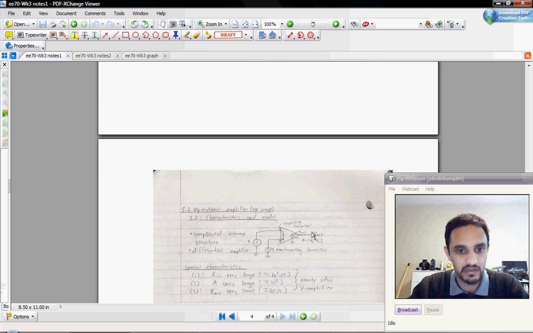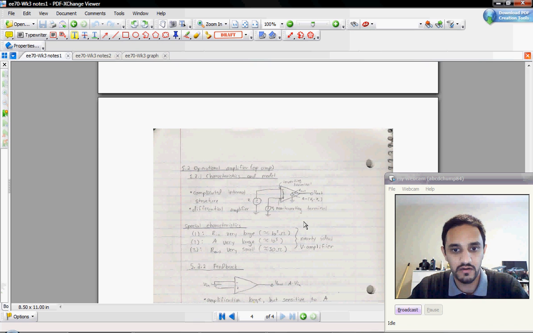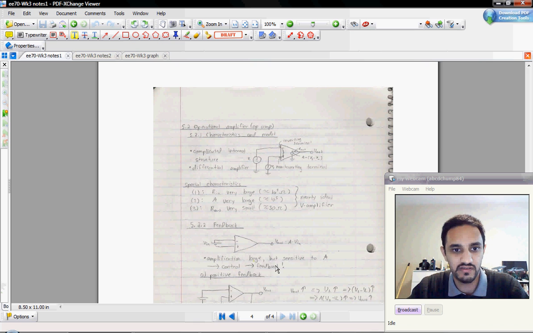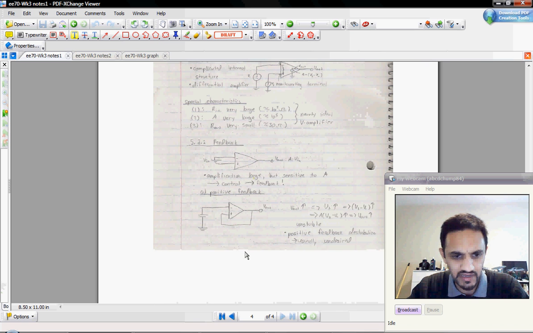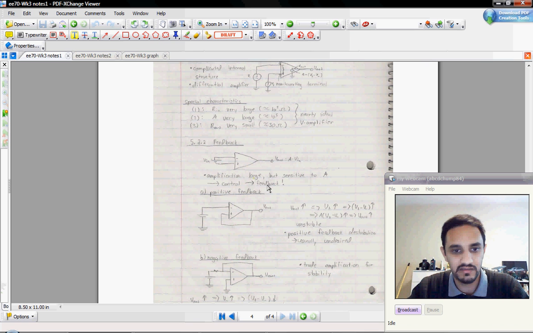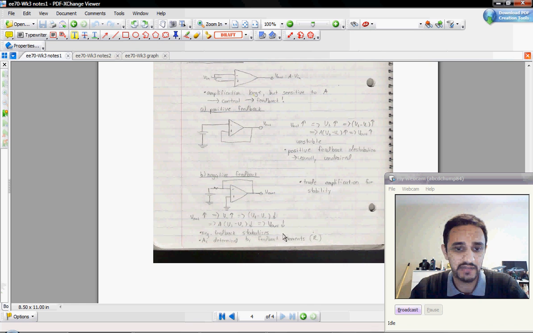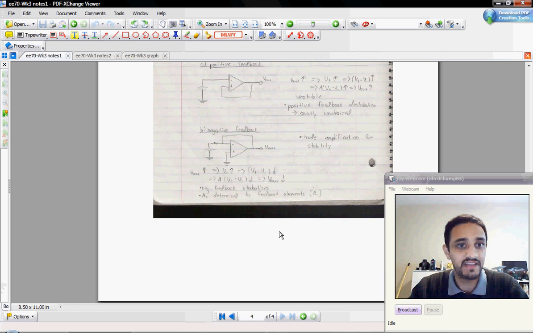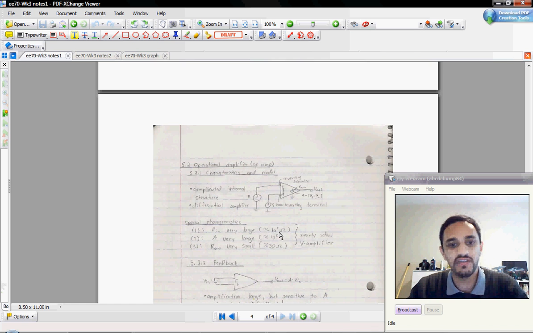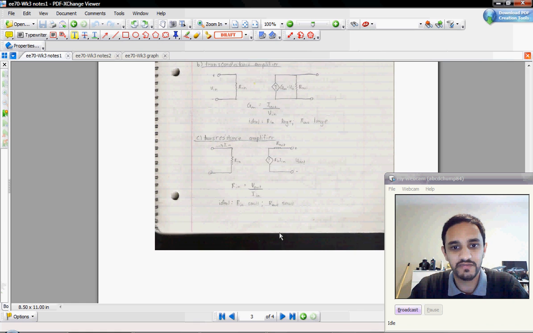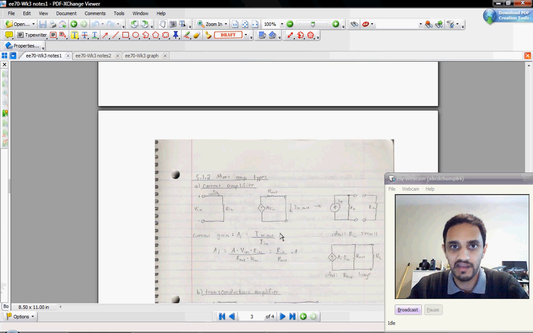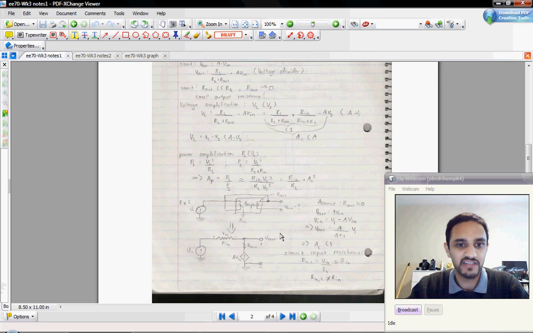Then we talk about an operational amplifier, with a picture and some more equations, and then something about feedback. In feedback there are sub-ideas about positive and negative feedback. And that's it for that page. There's a second page, but you can get a sense of how overwhelming and confusing it can get just by looking at these notes.